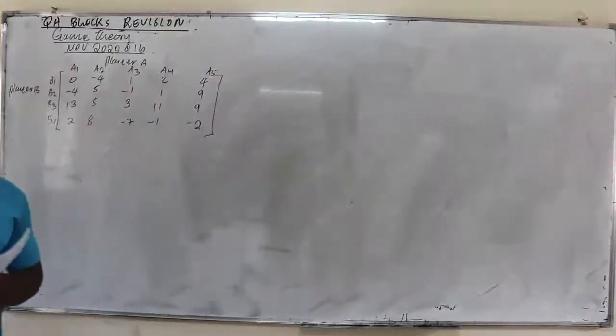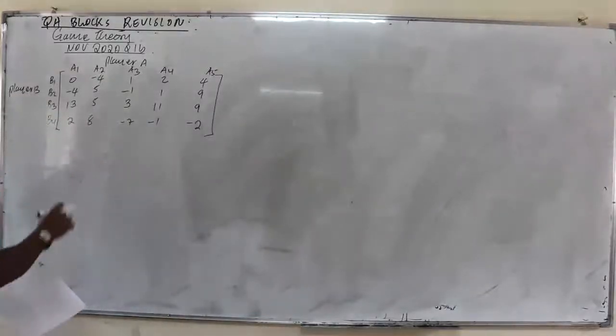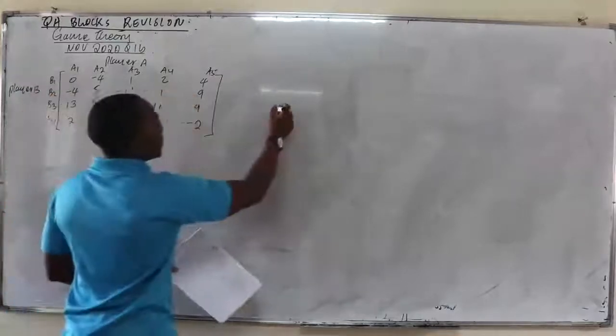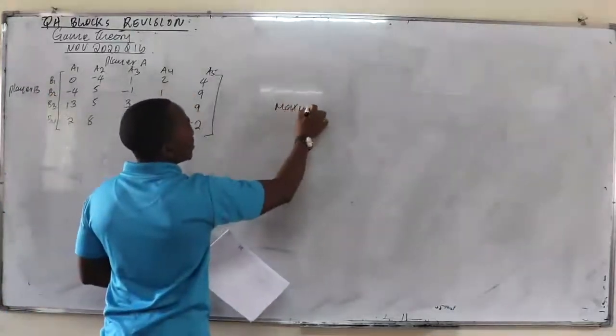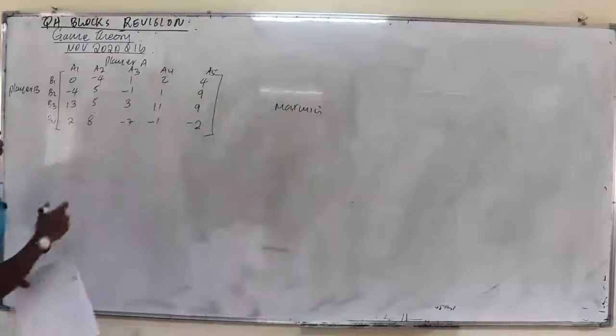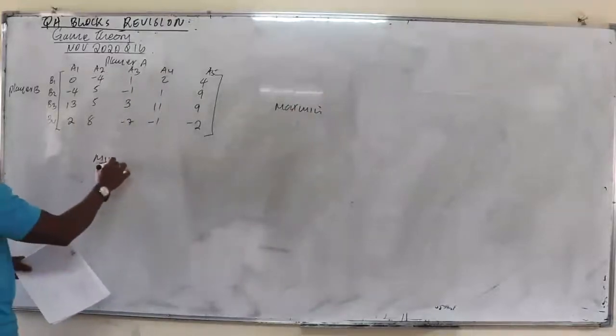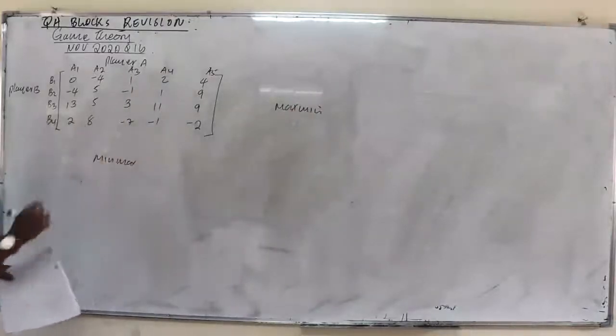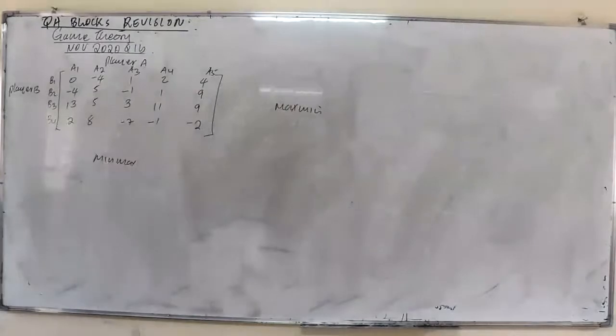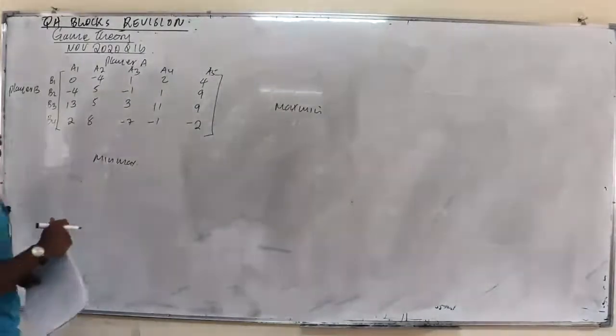One of the steps: player A adopts the maximin rule, but player B adopts the minimax rule. So the first step, you start from the payoff table, then you test whether there is a saddle point. And how do you test there is a saddle point?